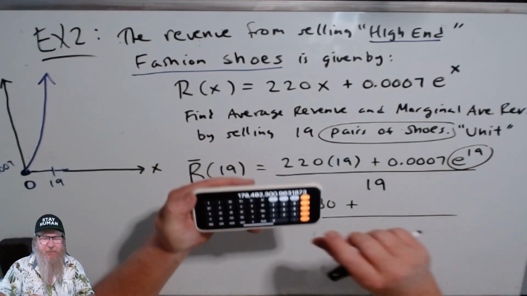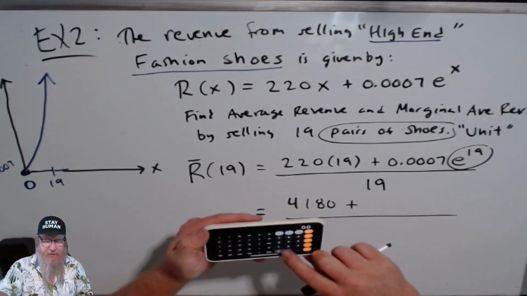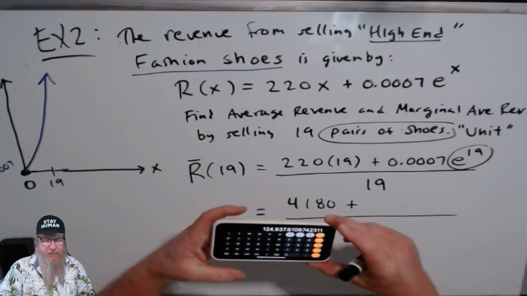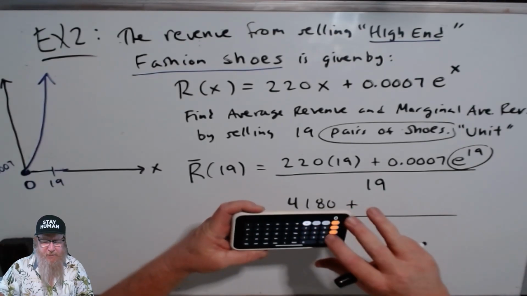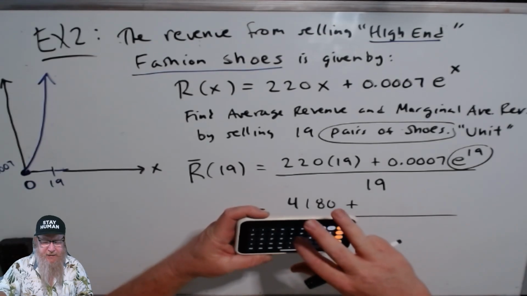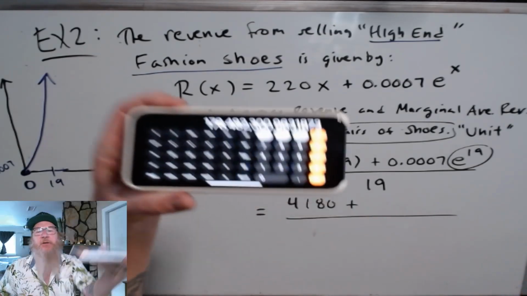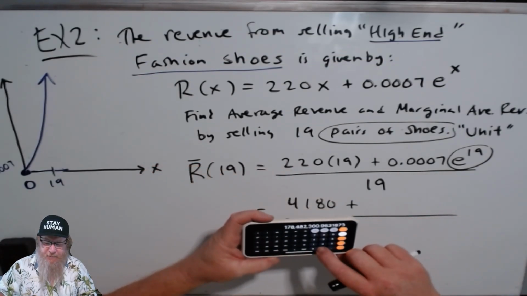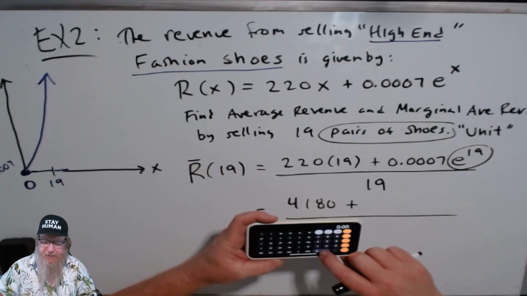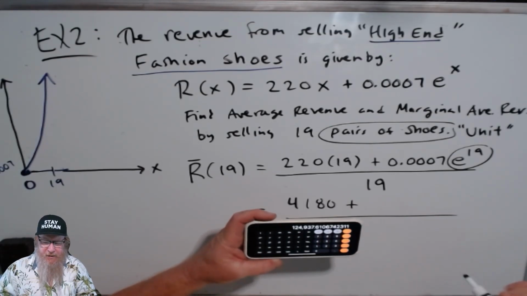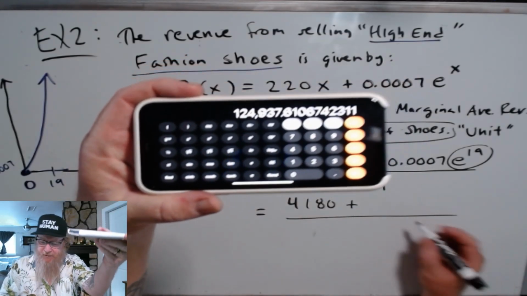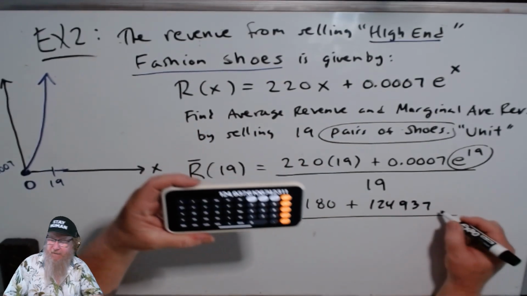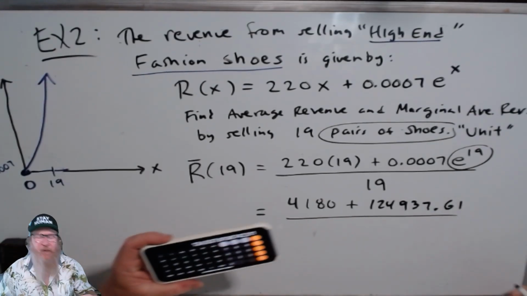You got to multiply it by 0.0007. Oh, I messed up somewhere. Let's try that again. e to the 19. It's a huge amount of money times 0.0007. Oh, it's still a ton of money. Look at how much money we made. $124,937.61.